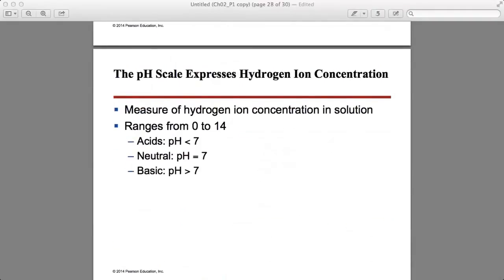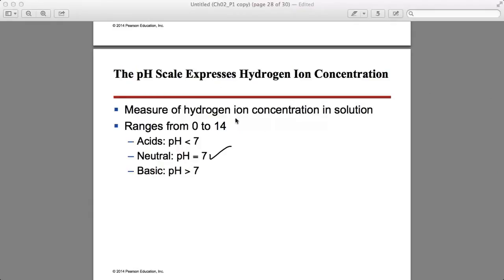The pH scale ranges from about 0 to 14, 7 being neutral. If you're less than 7, then you're acidic.